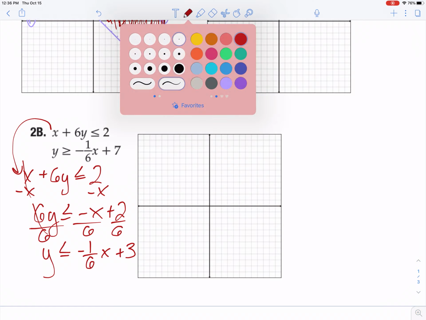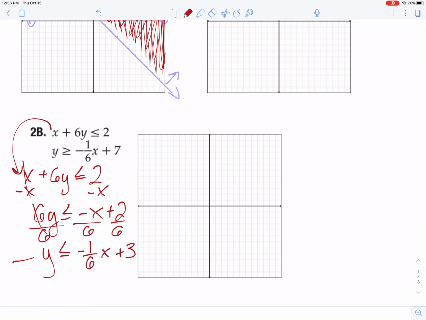All right, let's go ahead and graph. So I have the top line, which was rewritten, so plus 3, and then down 1, over 6. 1, 2, 3, 4, 5, 6. Down 1 over 6. There you go. Connect the dots. And is it dashed or solid?